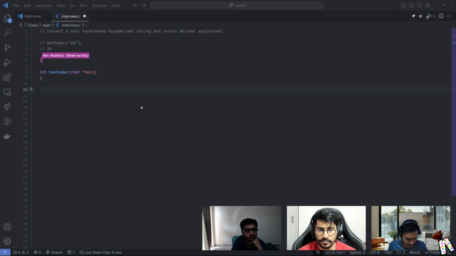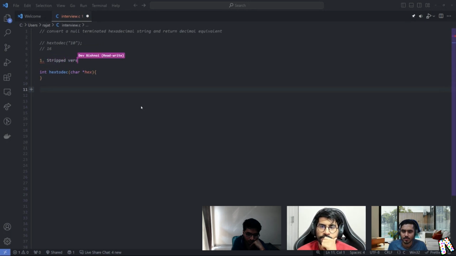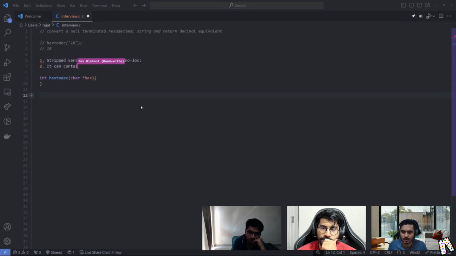Okay, let me just write down the different cases that I want to cover. So, it's a stripped version, so 0x is not there, so I don't have to take care of that. The second thing is it can contain both the characters, like capital or small.